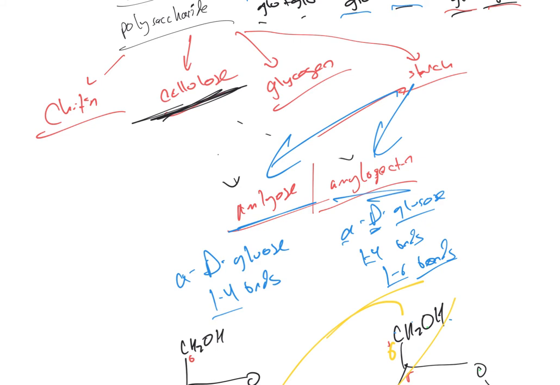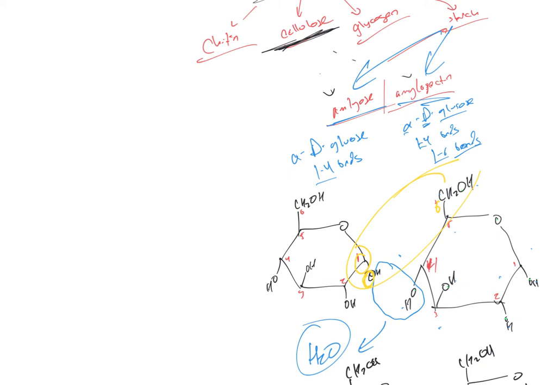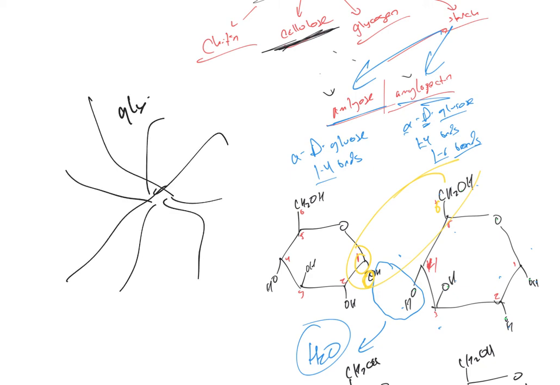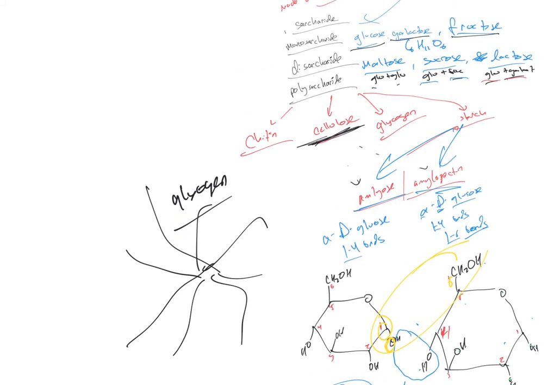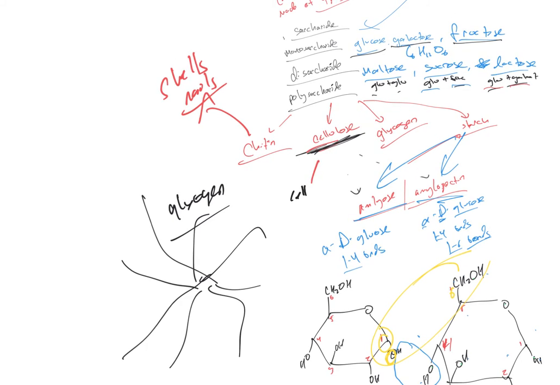So if you look at glycogen, it's just like a web. This is glycogen. Okay? Chitin, this is shells, nails, okay? Cellulose, we know this is in cell wall.